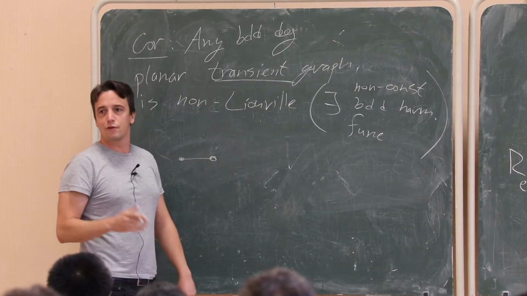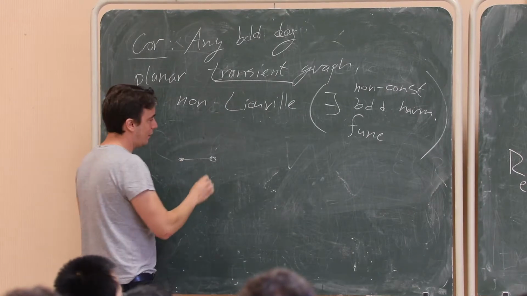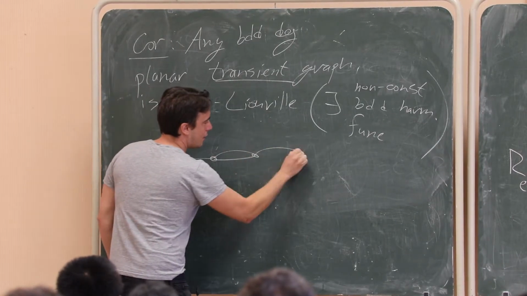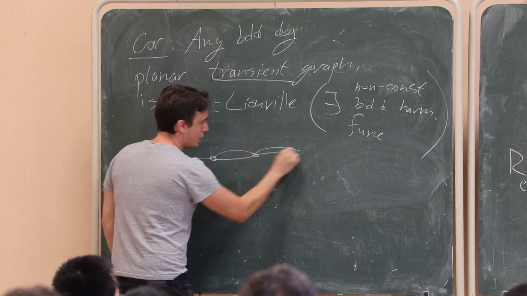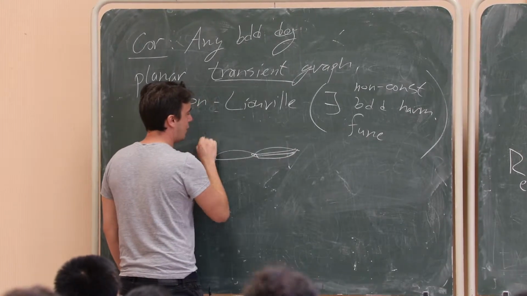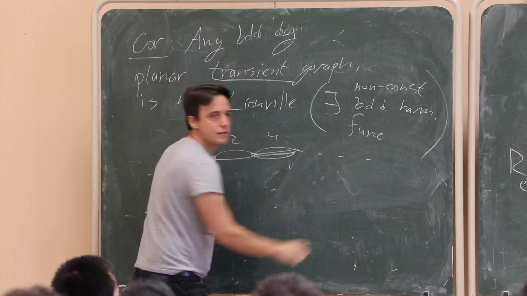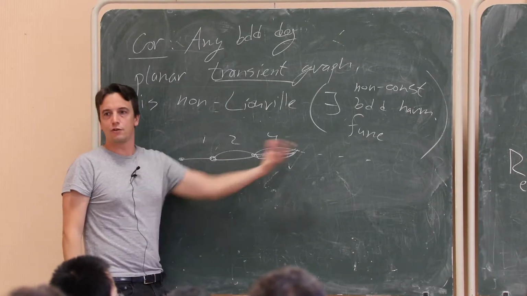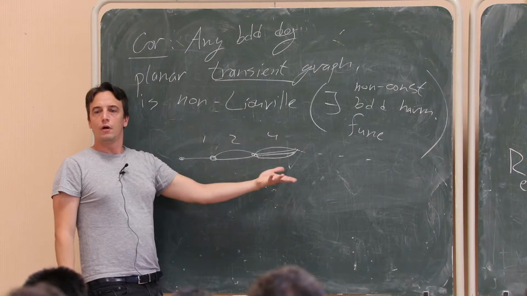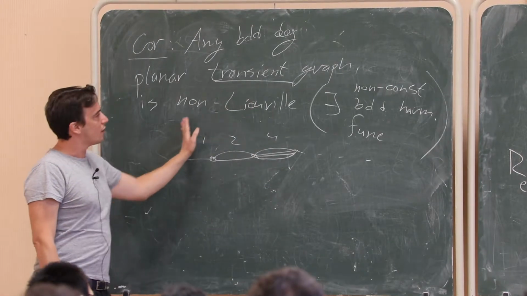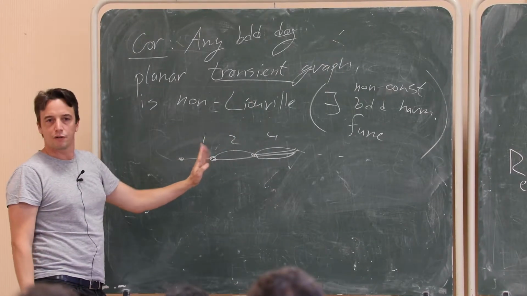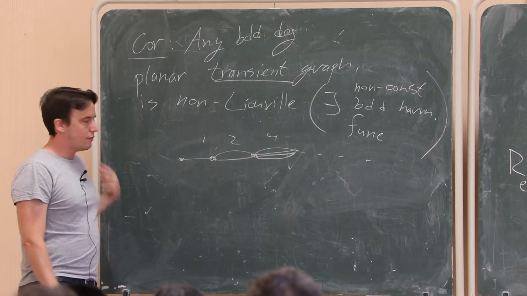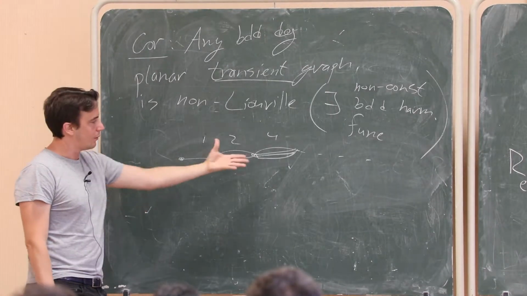So if I have a biased random walk that goes in a particular direction, for instance, one edge here, two edges here, four edges here, and so on. This is a planar graph here. I've drawn it to you. It is obviously transient, but there are no bounded harmonic functions. You can think about why. In this case, it's actually very easy to prove because it's a very well-known random walk.